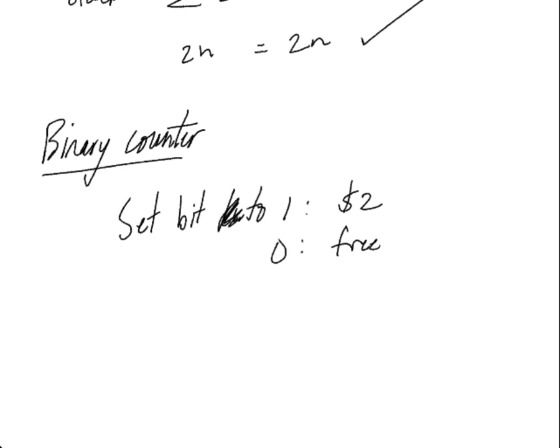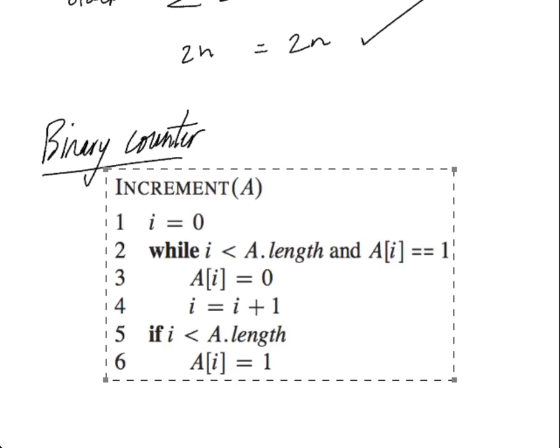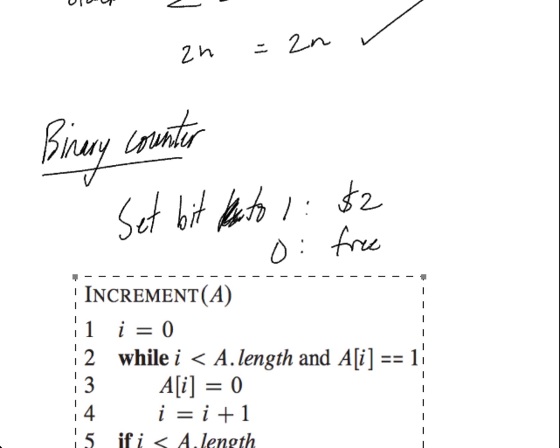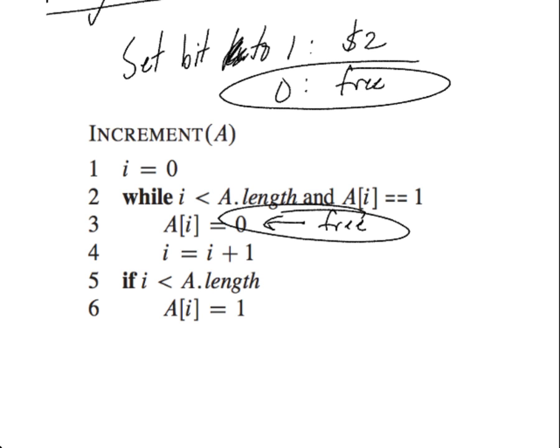And so if we look at the algorithm, so this is again on page 454. We see that if we use these costs, this right here is free. So the only cost to increment is setting it to 1.